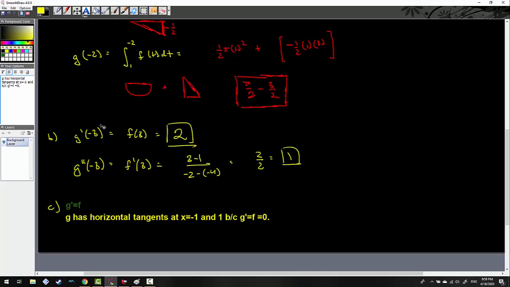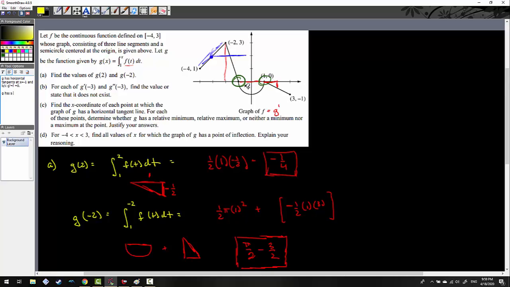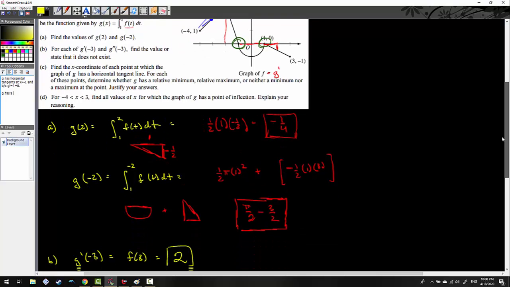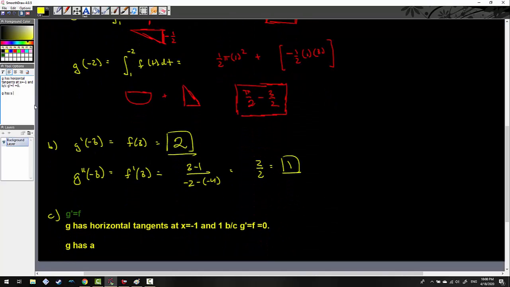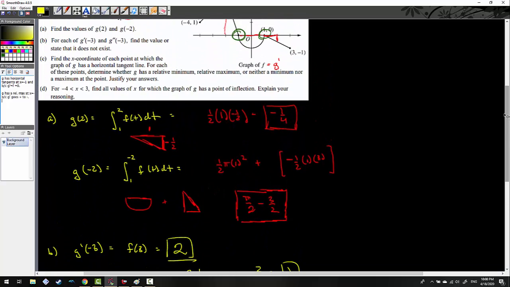And then I will further state that g has a, well, what does g have? Well, remember, when it comes to -1, g prime is going from a positive value to a negative value. What that means is that g will have a relative max at x equals -1 because g prime goes positive to negative. And at x equals 1, it looks like they want you to think that it's a local max because you're apexing and then coming down, but that's not true.